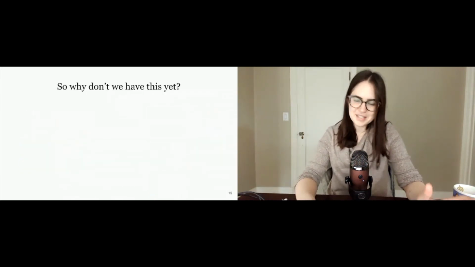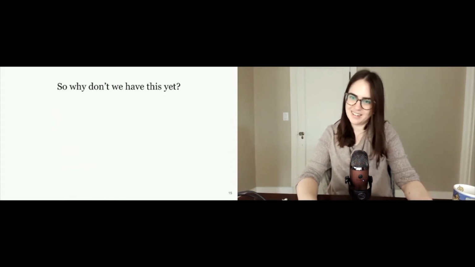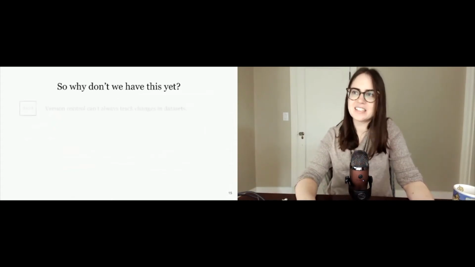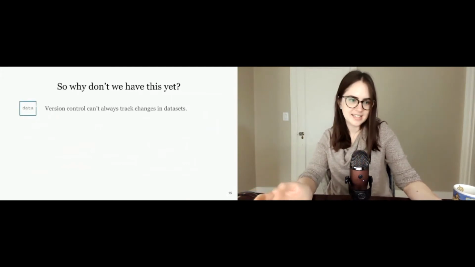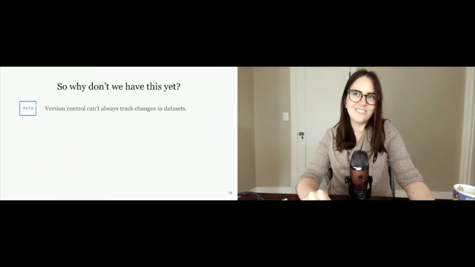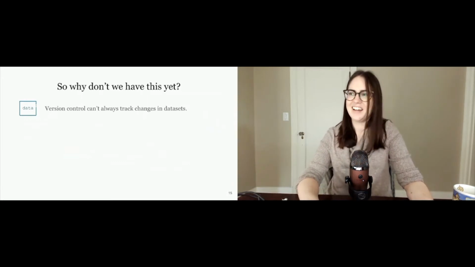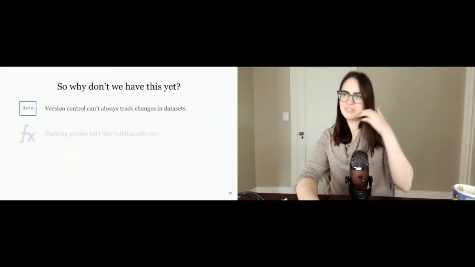So there's a few reasons why it's not trivial to just snap on all the things I talked about into existing CI/CD systems. First off, version control can't always track changes in data sets. A lot of the data sets that we work with, you don't want to Git version them. So you don't want to wait for there to be a Git diff in your data set in order for your CI/CD loop to trigger.